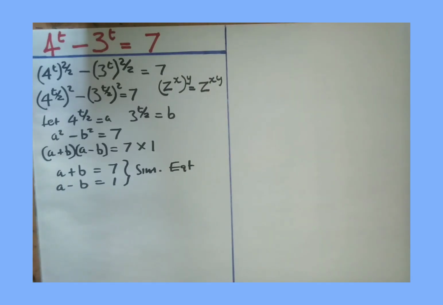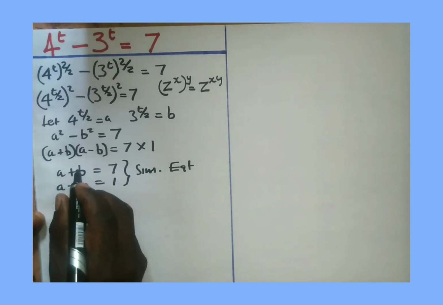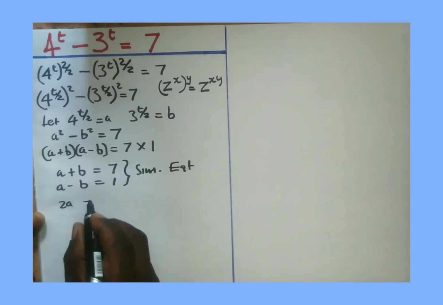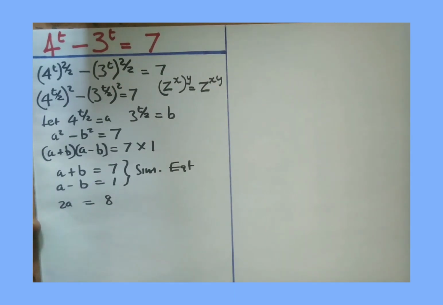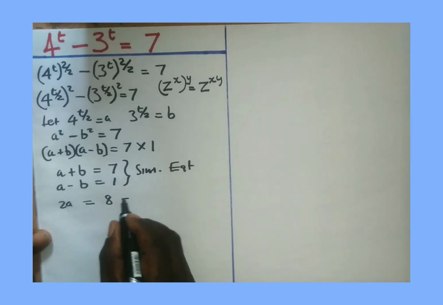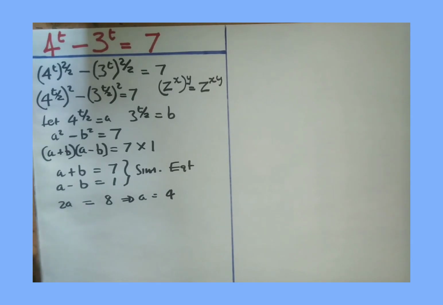How do we solve that? Let's use the method of elimination. We add this here to that one to get 2a, b minus b is nothing, is equal to 7 plus 1, which is equal to 8. From this, it follows that a is equal to 4.